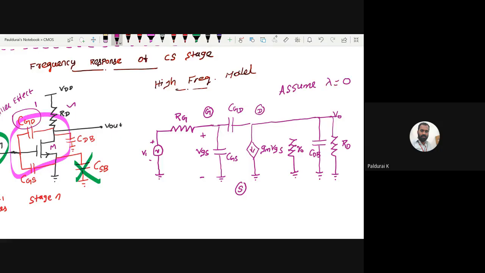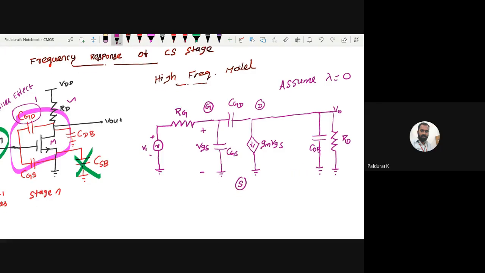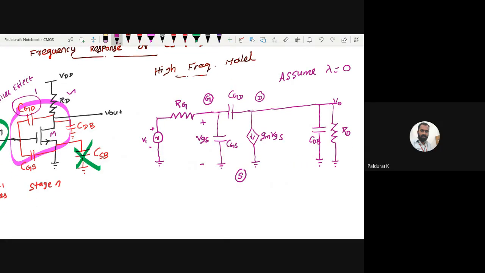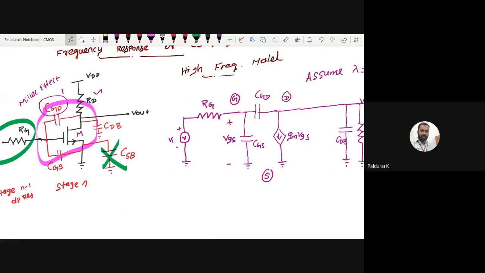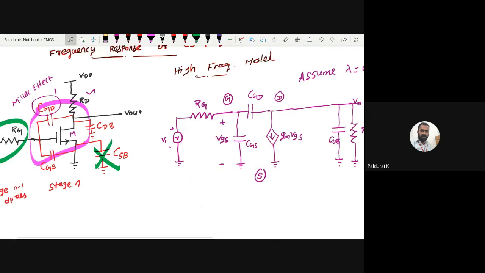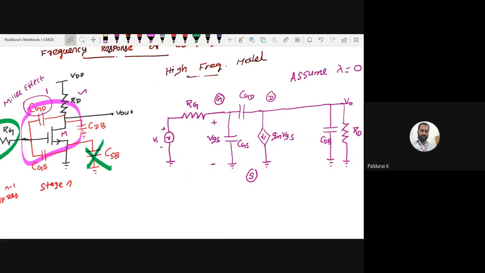So I don't want to include RO. Now this is my high frequency model. Any doubt in sketching this high frequency model? Step by step, please do it by yourself, nothing new to you. If you sketch it one time, then you will get the clarity. Any doubt?